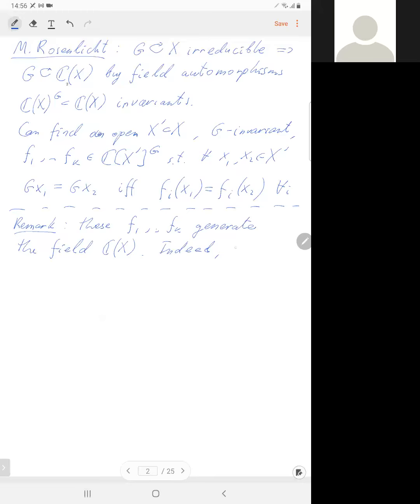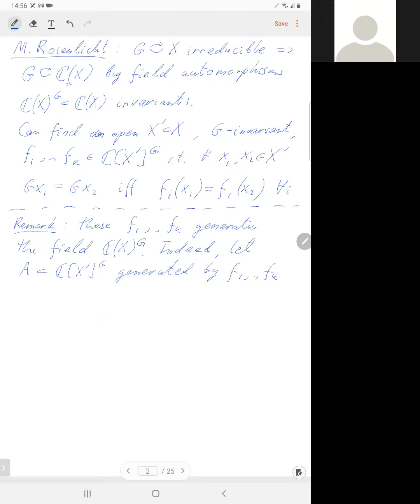Let's consider the ring that they generate. Do they generate all the field, or only its G invariant part? Oh, sorry, G invariant. Thank you.